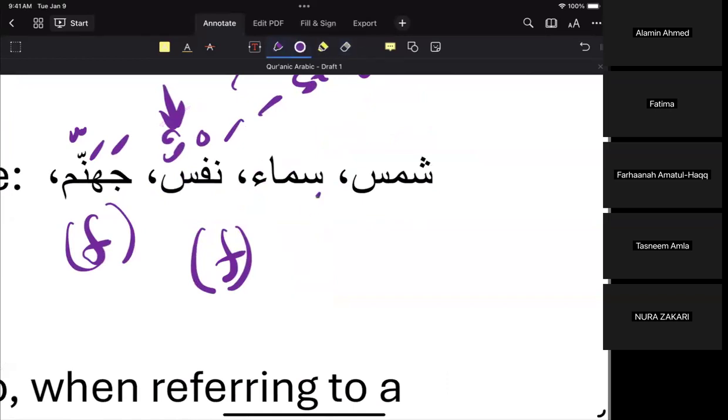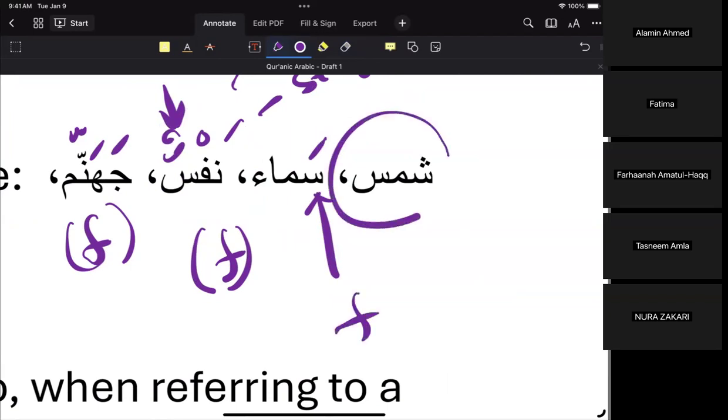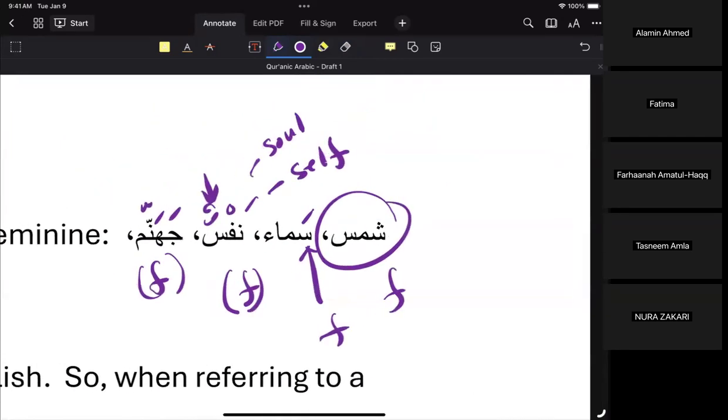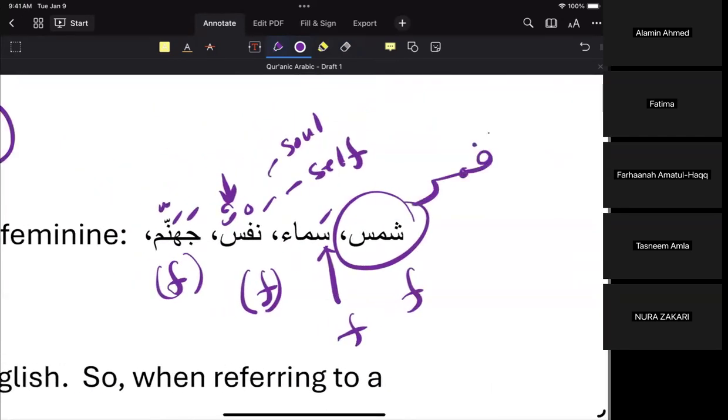Then we have as-sama, or sama. Sama, what we mentioned, is sky. They use it as feminine. Shams is feminine. And as you know, the word qamar is masculine. This is weird, right? If you read any literature, you will see that usually they use the moon to be beautiful and they connect it with female, right?